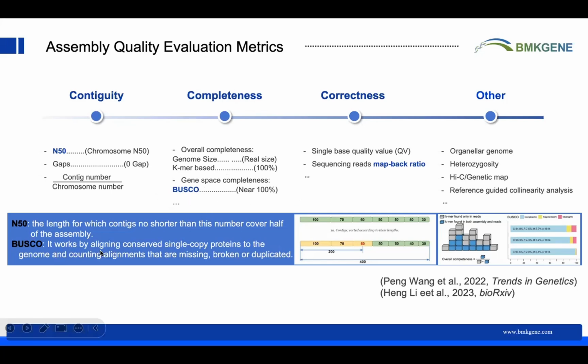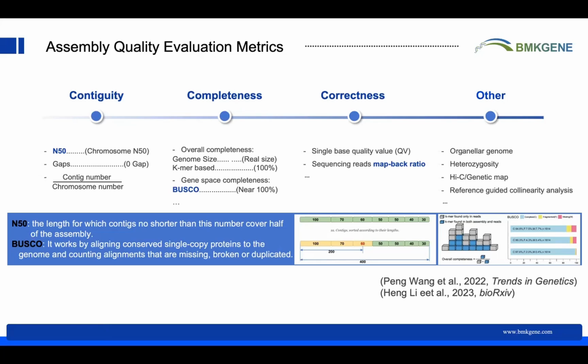It works by aligning the conserved single copy proteins to the genome and counting alignments that are missing, broken, or duplicated. You can see if the assembly is very complete, the conserved genes or proteins will be found or aligned in the reference genome.